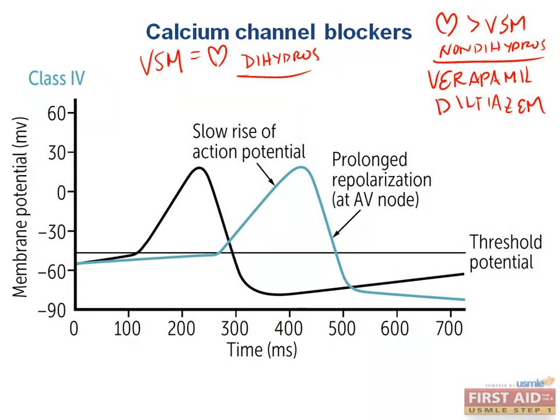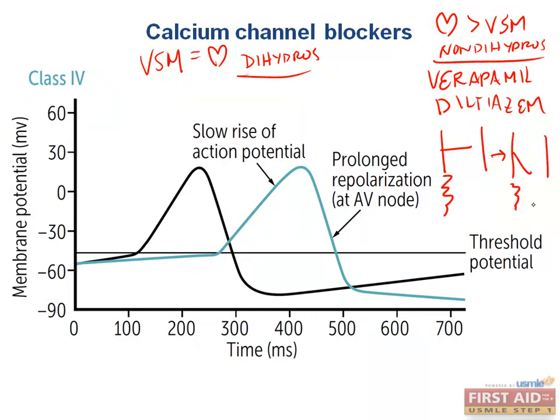These prefer to bind voltage-gated calcium channels that have already been depolarized and are open, but the inactivation gate is closed. Remember, we have an inactivation gate that is open and an activation gate that is closed when the cell membrane is ready for a depolarization. A depolarization comes along and opens the activation gate.